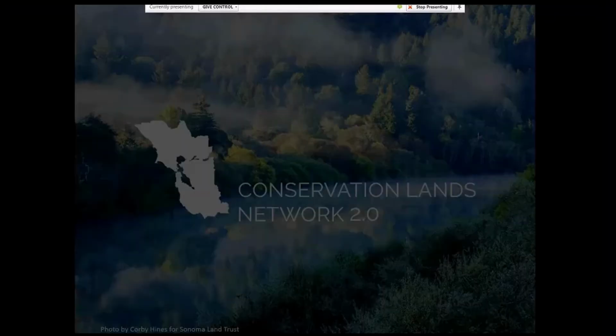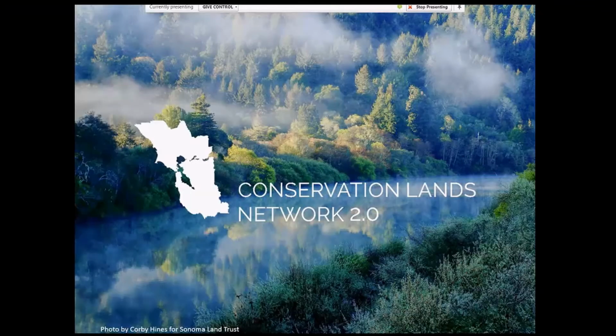To begin, the Conservation Lands Network was first launched in 2011. That was 1.0, and between 2017 and 2019, we updated the entire framework through a process that we call CLN 2.0, the Science Expansion Project, which included expanding not only the amount of data and science incorporated into the CLN, like climate change, but we also expanded the geography.